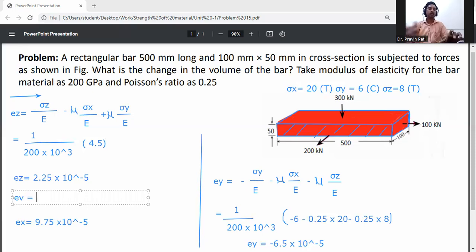Okay. So actually Ev, the strain in volume, is equal to Ex plus Ey plus Ez. Put all these values here.